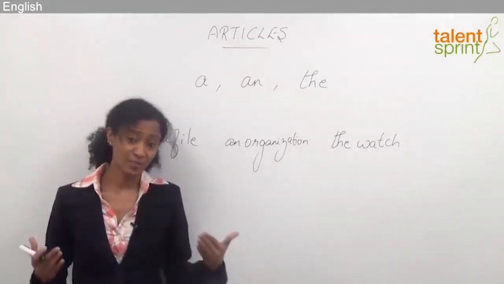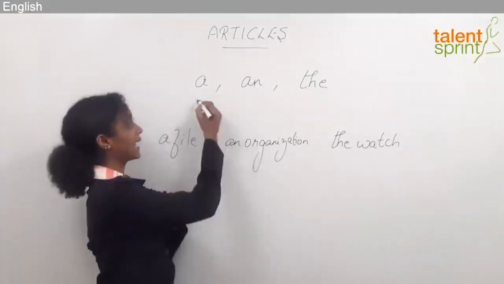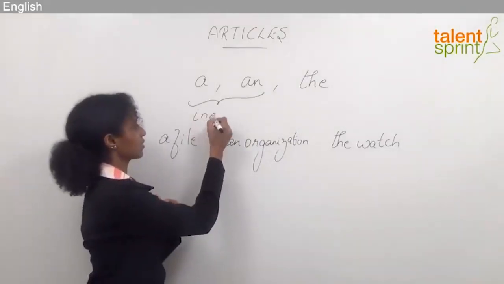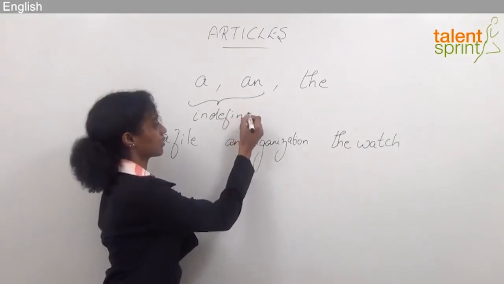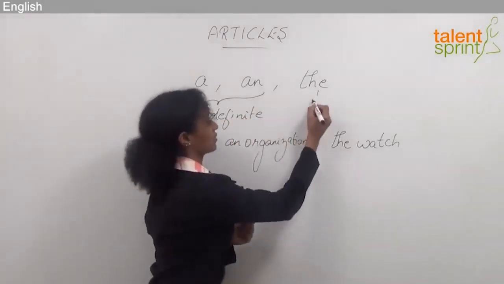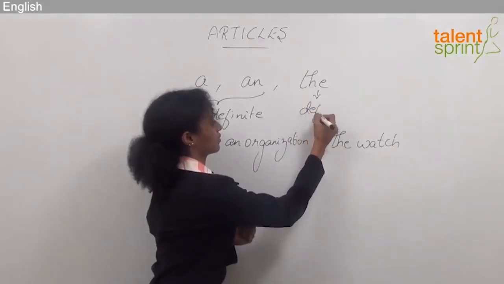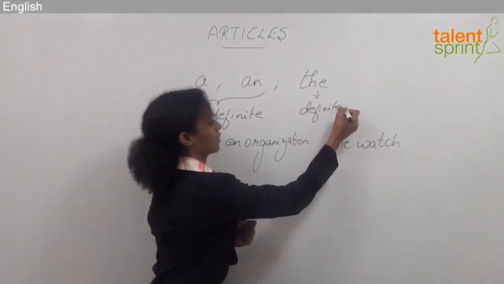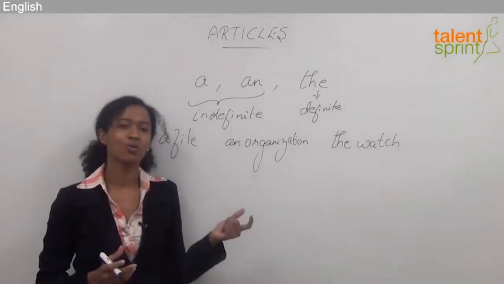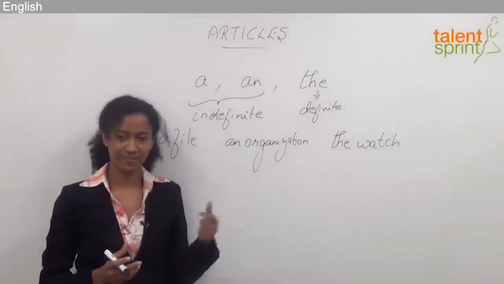Now, in terms of types of articles, a and an are my indefinite articles, and the is my definite article. So we're going to see how to use the indefinite articles and when to use the definite article.